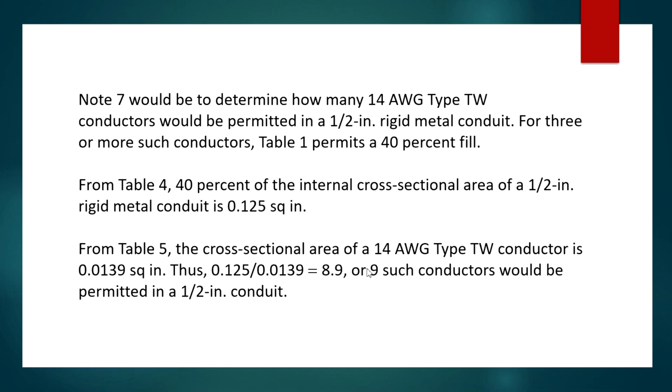Okay, so that's how note 7 works. It allows us to determine how many we can put in there. And if it's 0.8 or greater, then we can go up to the next whole number. Okay, so 0.9 can go up to 9. All right, so that wasn't too complicated.